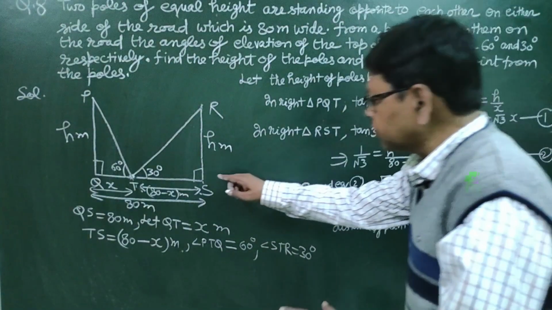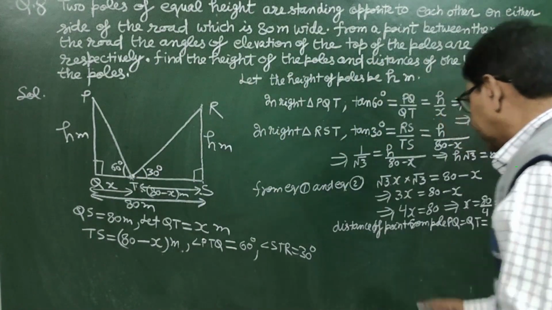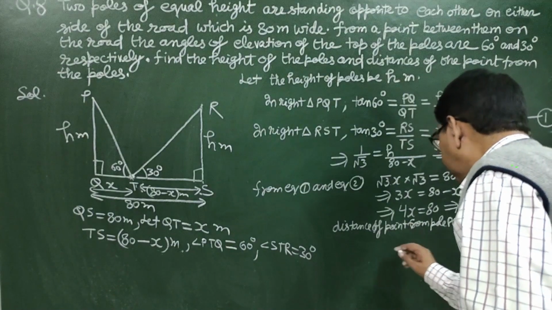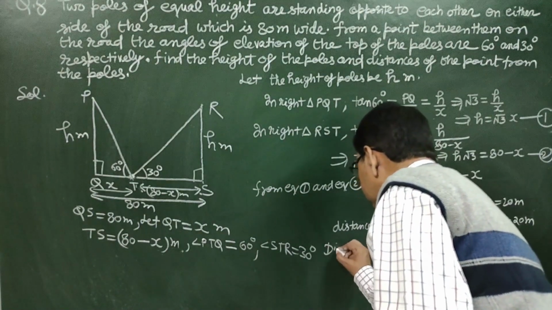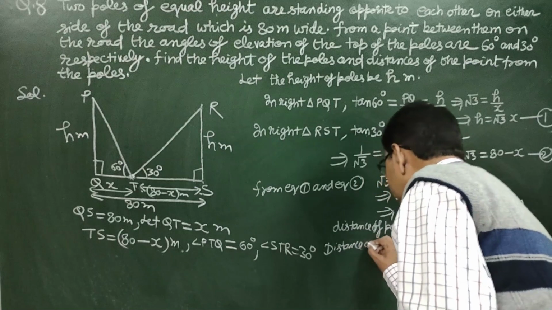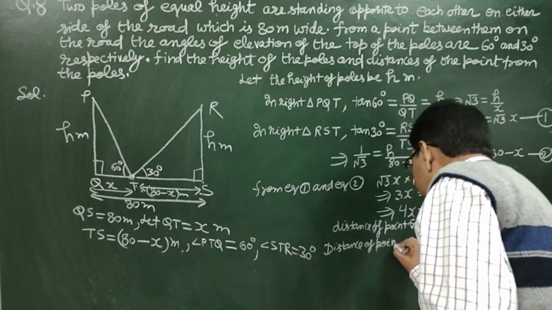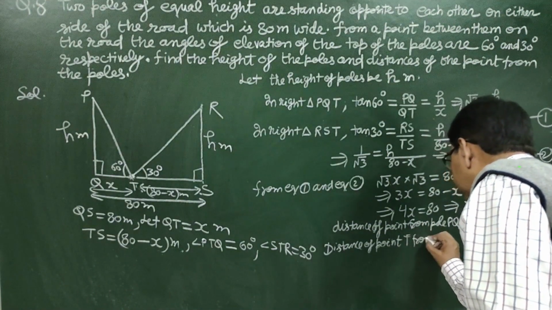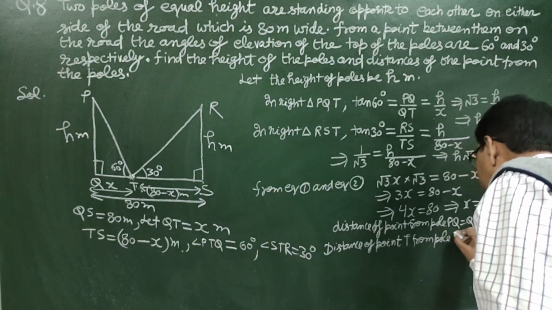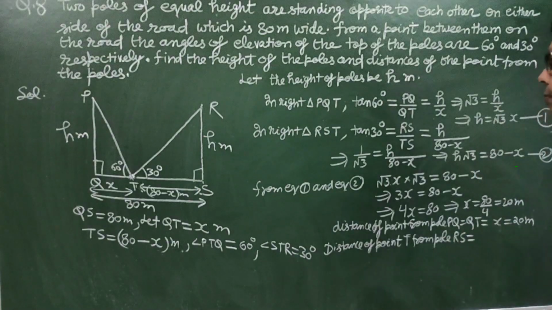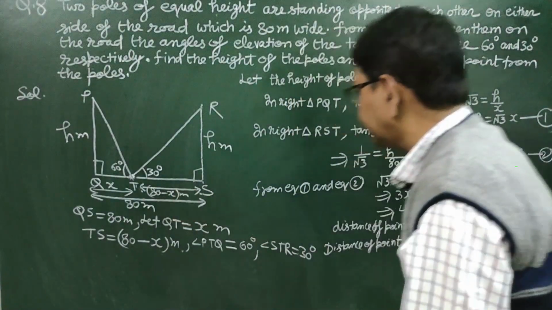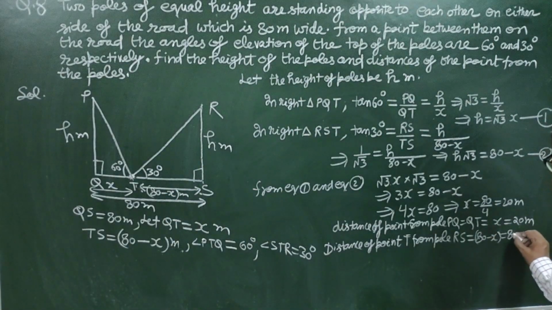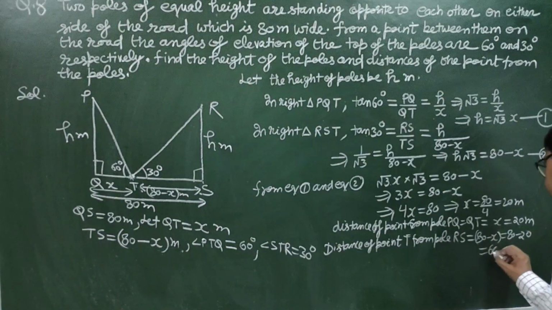Now we want to find the distance from the other pole also. The distance of point T from pole RS is 80 minus x meters. 80 minus x is equal to 80 minus 20, which is 60 meters.